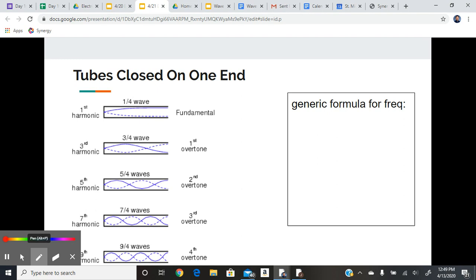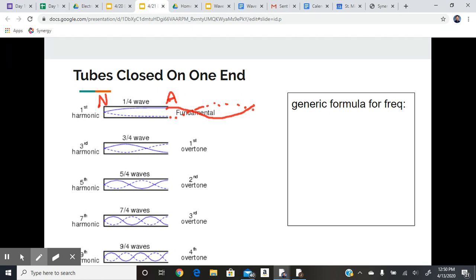So now we're going to have a node on this end, and then where the sound is going in, we would have an antinode right here. And that is only 1/4 of a wave, because if I were to complete this whole wave, it would end up looking something like this.